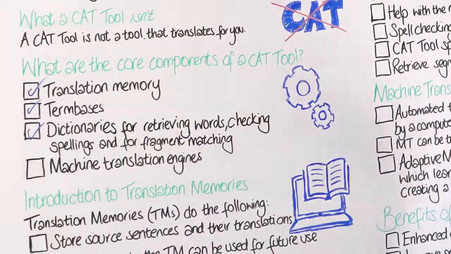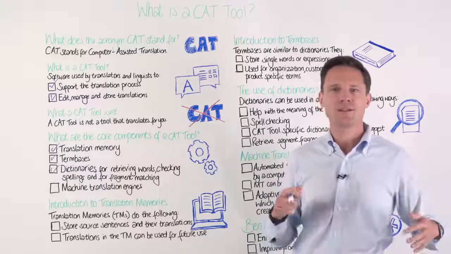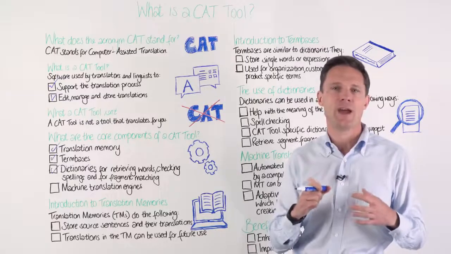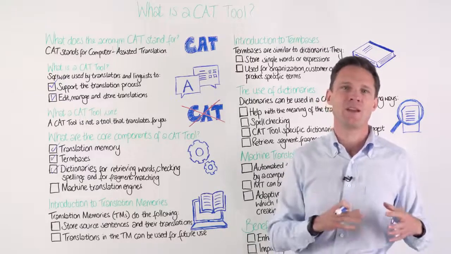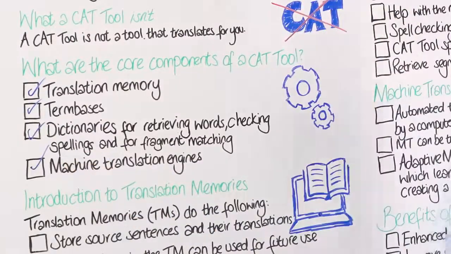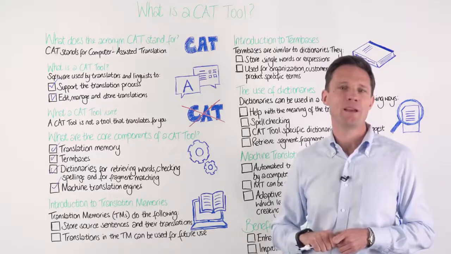There are also lots of other dictionaries that can help you retrieve words and check what you've done before. So there's a lot of other help that you get apart from the translation memory and a Termbase. And there is machine translation as part of a CAT tool typically.